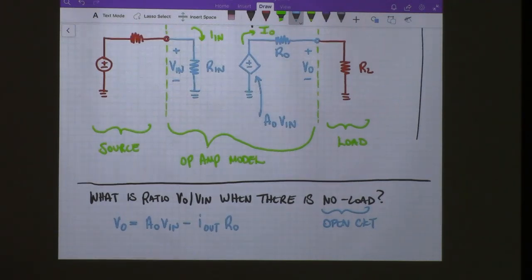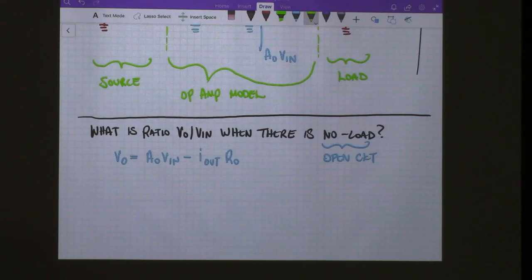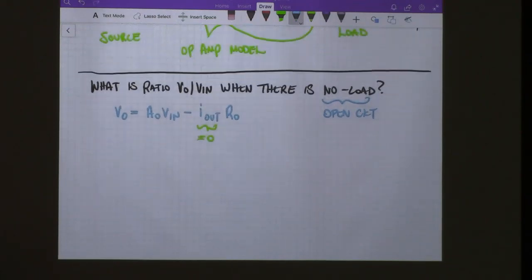When there is no load there, what is I out equal to? How much current is going to flow through an open circuit? No current flows through an open circuit. So that means that this will be equal to 0, and what we'll be left with is Vout equals A naught times Vin.